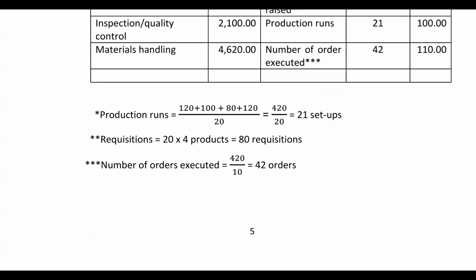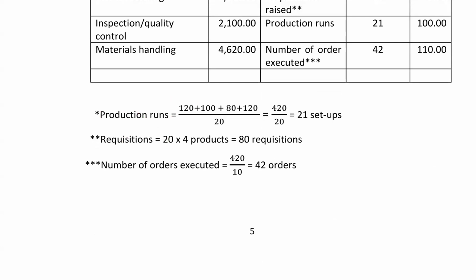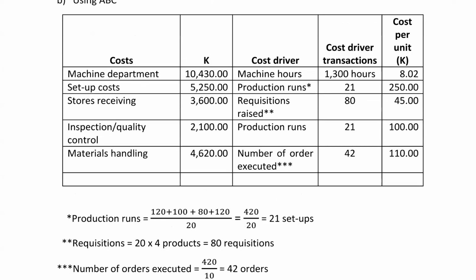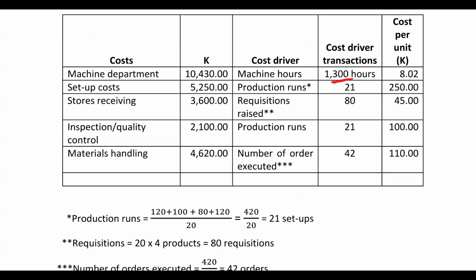So number one, for each product, the first cost that we want to do is the machine cost. How do you actually find machine cost? Remember, the machine cost is based on the number of hours. So we need to find how many machine hours there are for each product.